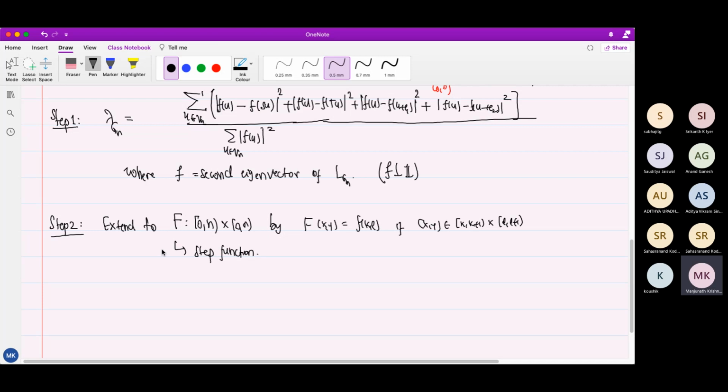Okay, so you can form the quadratic form for this.